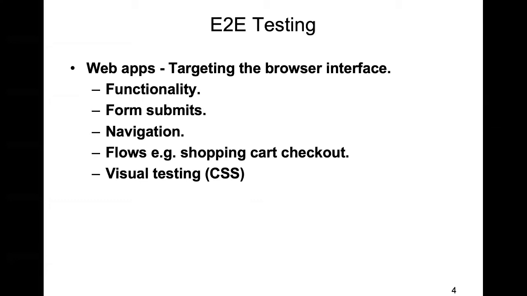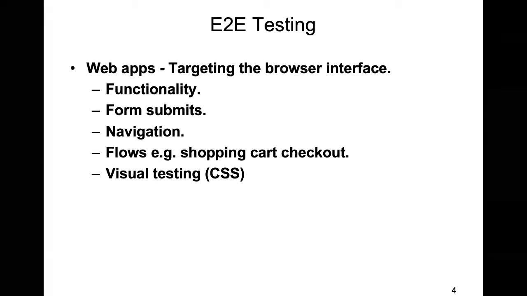So the web app is the target of our testing, and by implication the browser is actually part of what we'll be testing. When we are writing our tests, we're really writing our tests against the browser interface of the particular web application that we're dealing with, which in our case will be the Movies app.